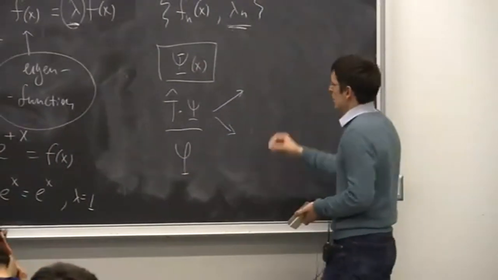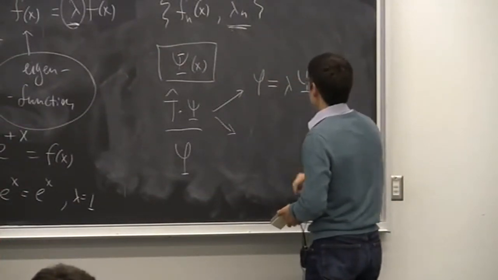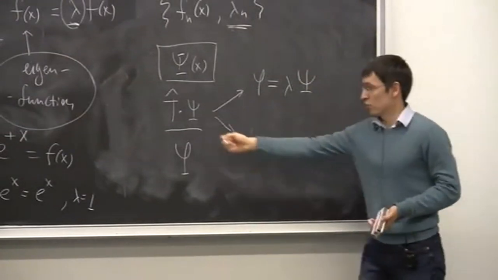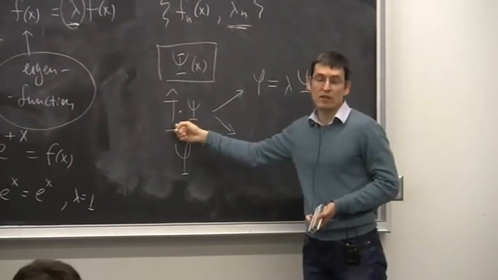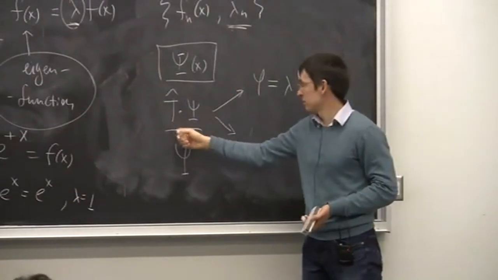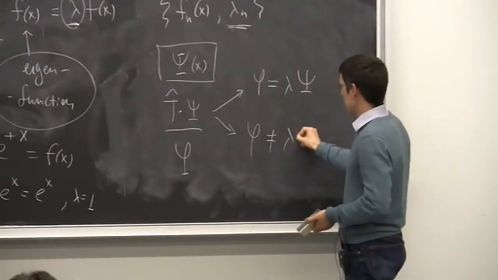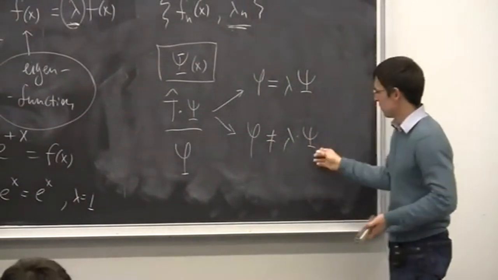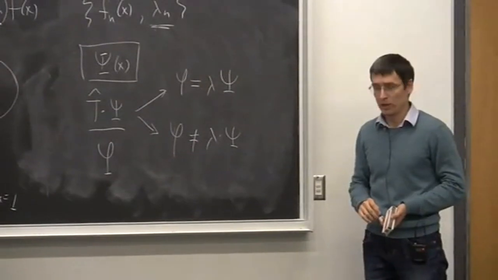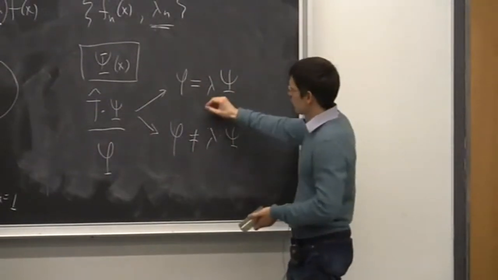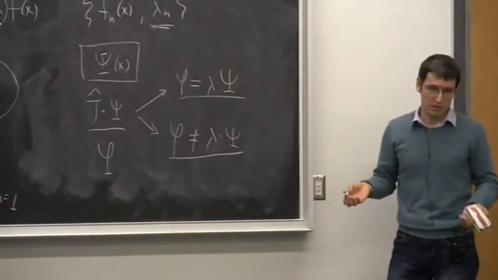This phi can either be a constant multiplied by the original function. That would make the original function an eigenfunction of the kinetic energy operator. Or phi is not a constant multiplied by the original function. And so there are these two cases which are treated slightly differently.